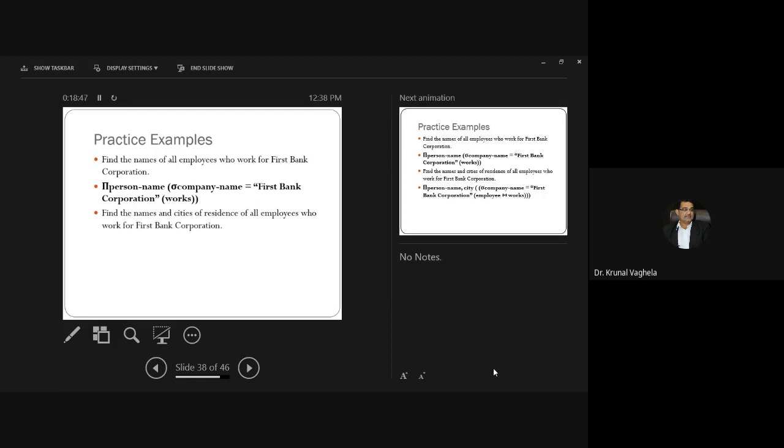So you need to understand from which tables I will need names, cities, person name. So what is asked? Then from how many tables do I need? And then join the tables. That's it. And apply the appropriate filters.